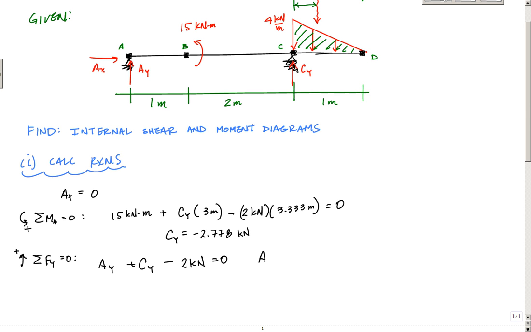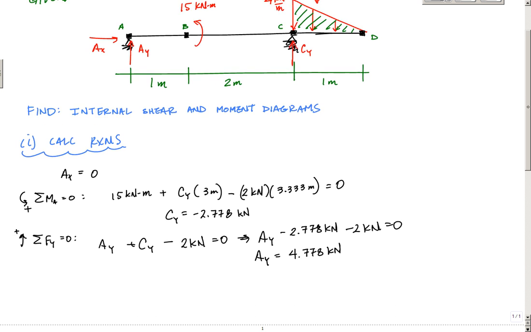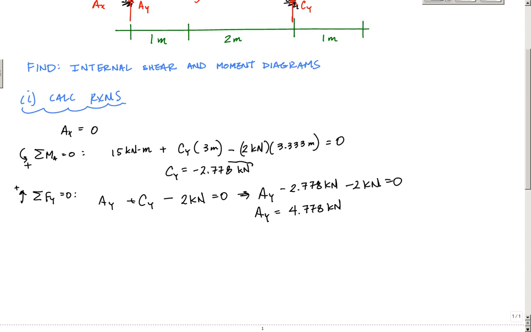So that means Ay minus 2.778 kilonewtons minus 2 kilonewtons equals 0. And that means that Ay is equal to 4.778 kilonewtons. And the positive indicates that the direction that I've drawn it is correct. So now I have my reactions, my Ay and my Cy, and that was pretty easy.